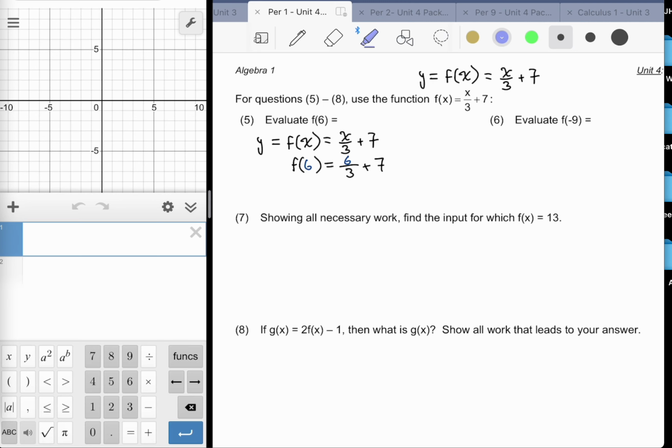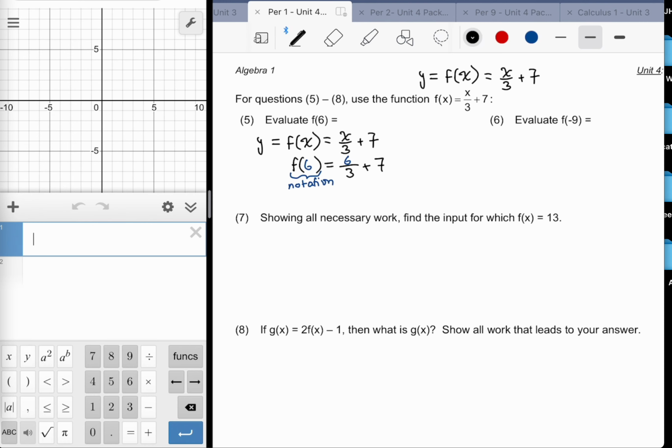Now this is really the f of 6. This is really just a notation. It's a set of instructions. It's telling us what to look for. f of 6 will result in 6 divided by 3, which is 2, plus 7, which is going to give you a result of 9.